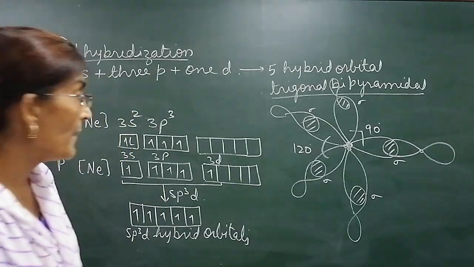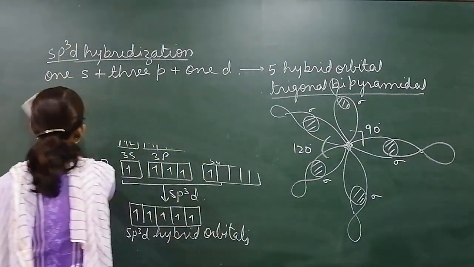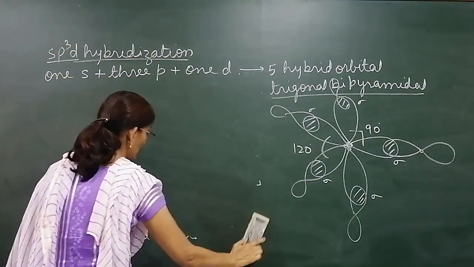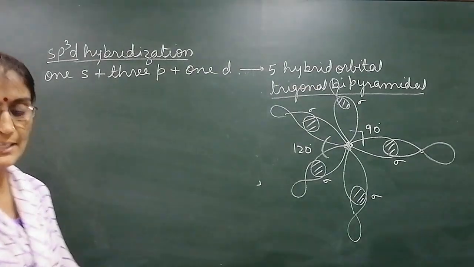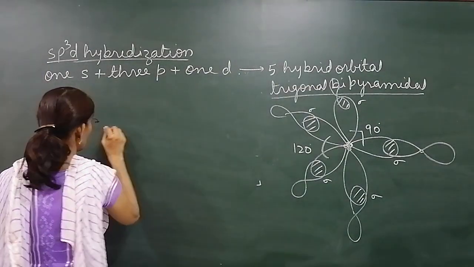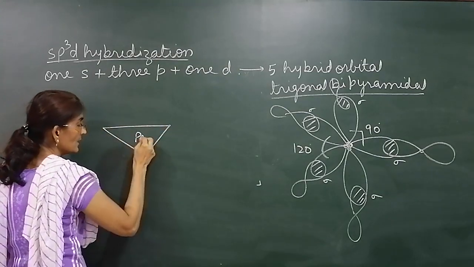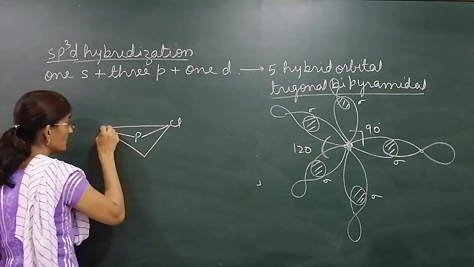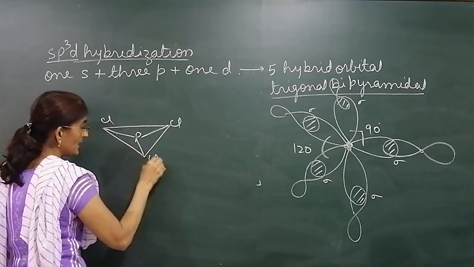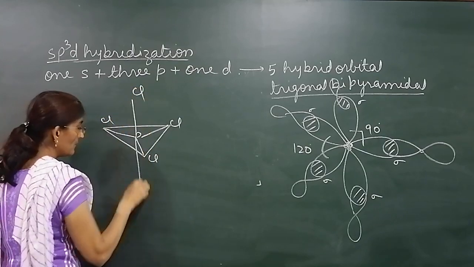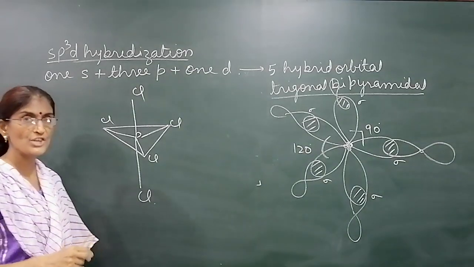See the shape of PCl5 this way. Five sigma bonds are there. This is phosphorus. These are 3 chlorine atoms at an angle of 120 degrees, one above the plane and one below the plane. What is the shape?